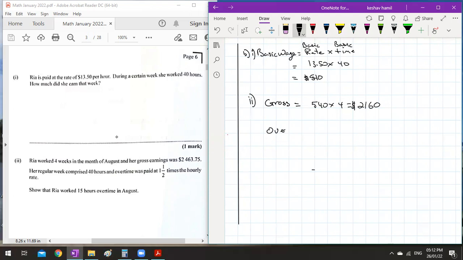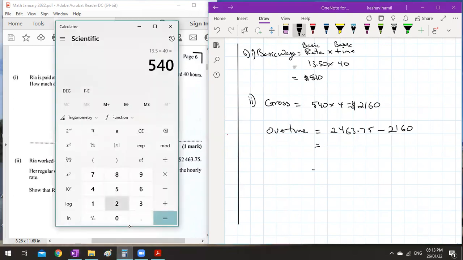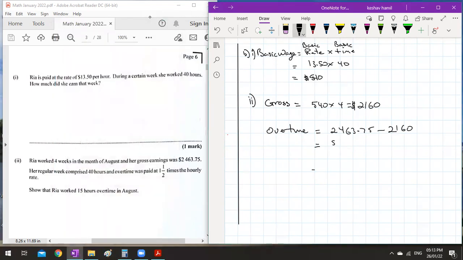So the overtime she got paid would be the total amount, 2463.75, minus, sorry, not by, take away, 2160. 2463.75 take away 2160 is $303.75. Now that's how much money she worked for overtime.